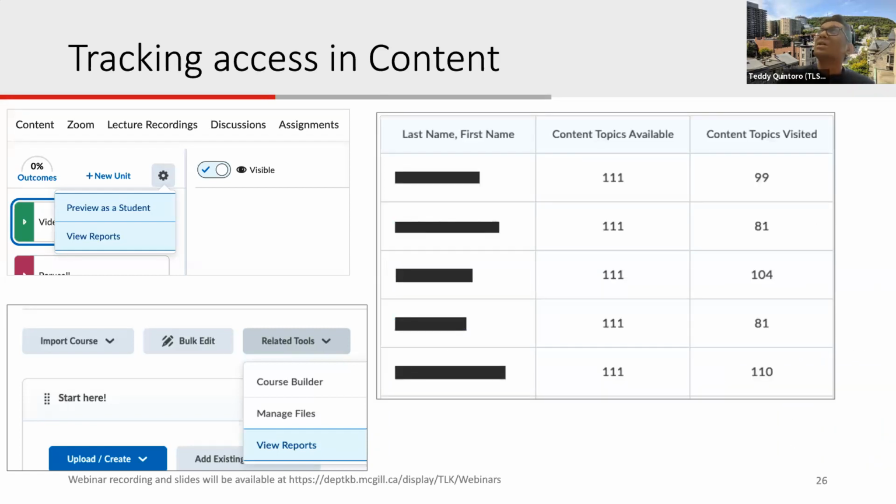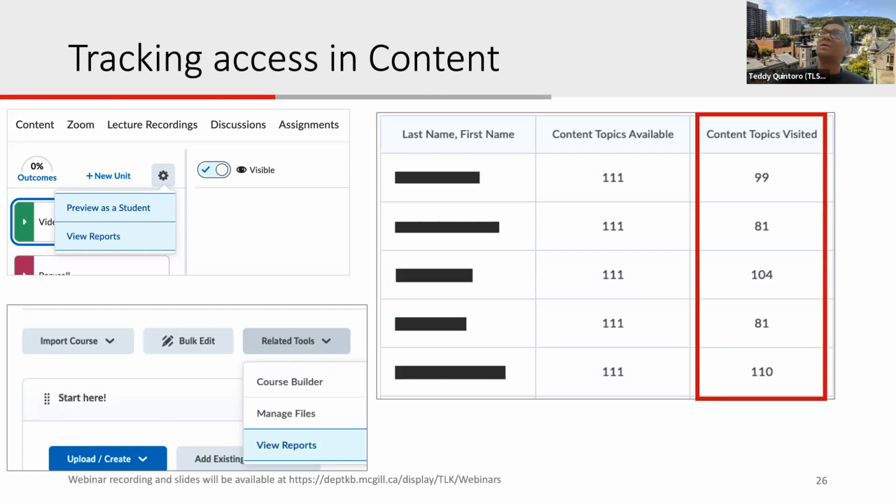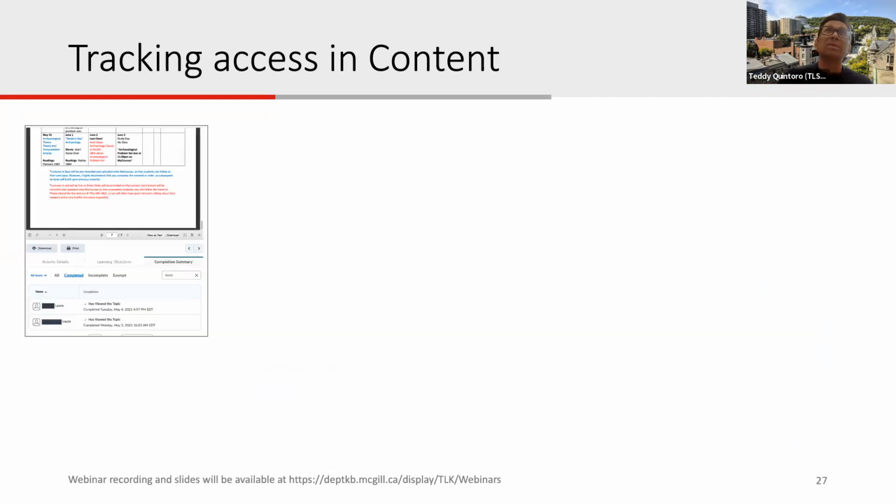The other thing that you can go and take a look at is you can also view it by students. So you can view students and then the name of the student here that's blacked out, and then in total how much content they have seen. The other part where you can view content is directly underneath the content.